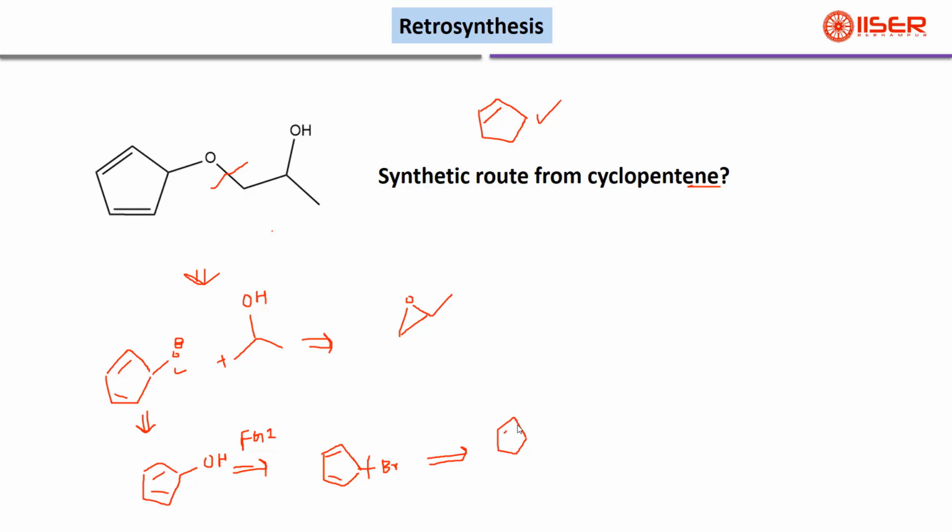now this is cyclopentadiene. We have to eliminate one of the double bonds.